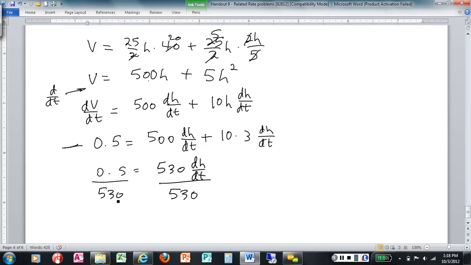And so that water level rising is not very much. 0.5 divided by 530. Ooh, really small. 0.0009433 is dH/dt, and that is feet per minute.